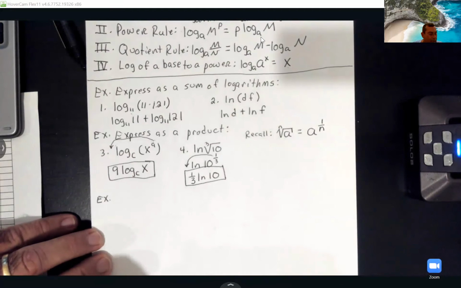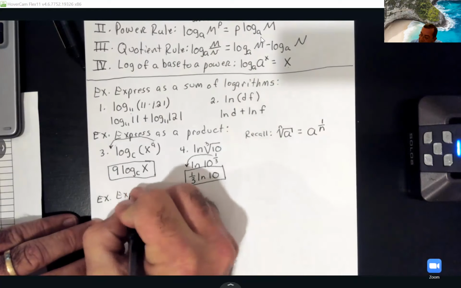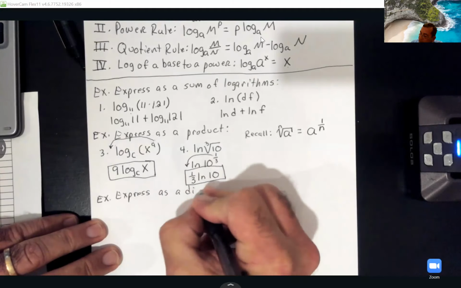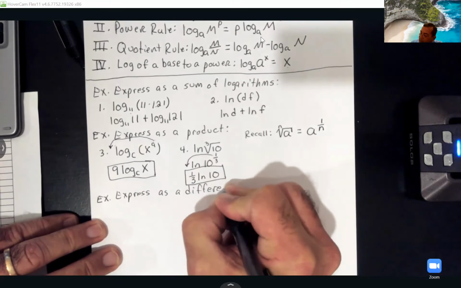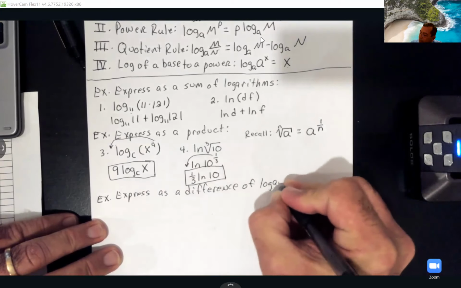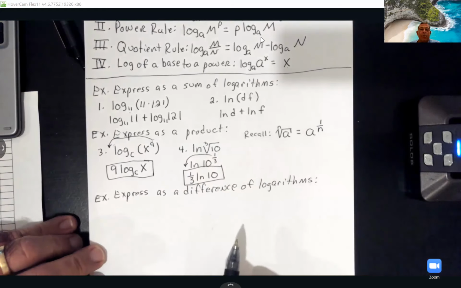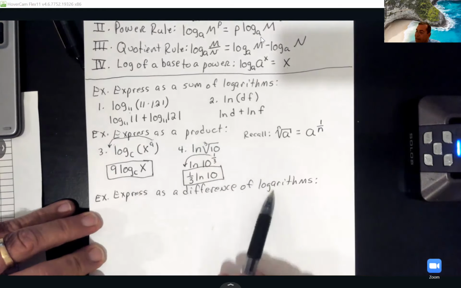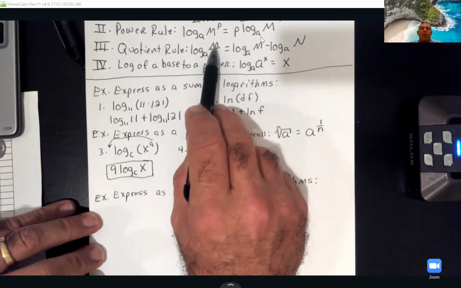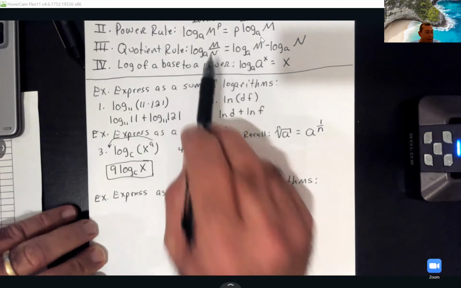Now, we're going to express as a difference of logarithms. And notice the only rule that wrote anything as a difference was this quotient rule. And it's always going to be the log of the top minus the log of that bottom, okay?